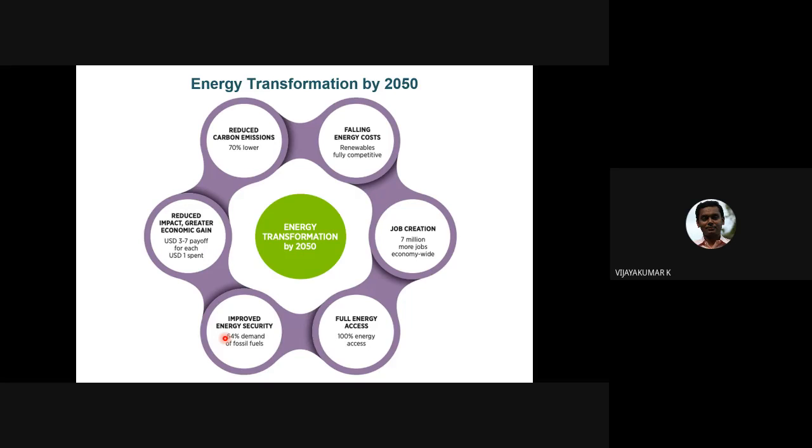Once those countries stop exporting their coal and oil, we will be in demand, in shortage. So how can we manage it? Sometimes we may have reserves, and by using our reserves we can run our thermal power plants.